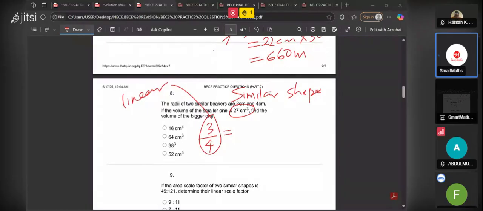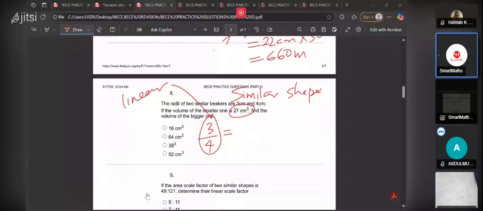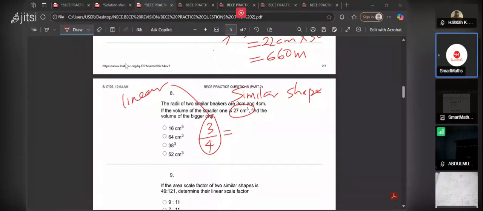I believe you are copying, after finishing copying this, right? Okay. Can I re-explain? So please, I should start again.